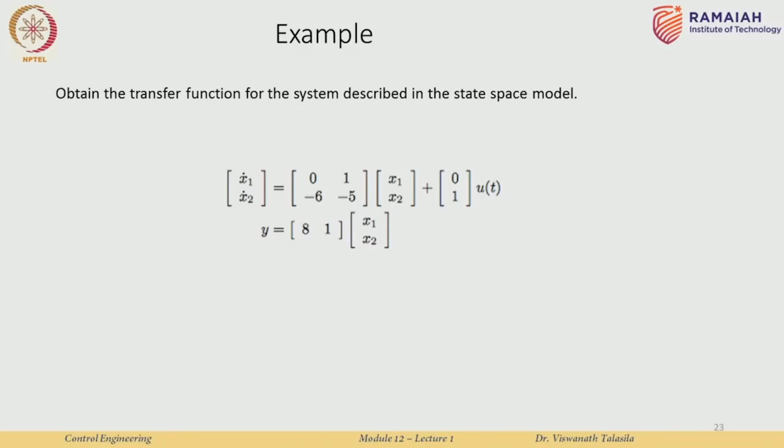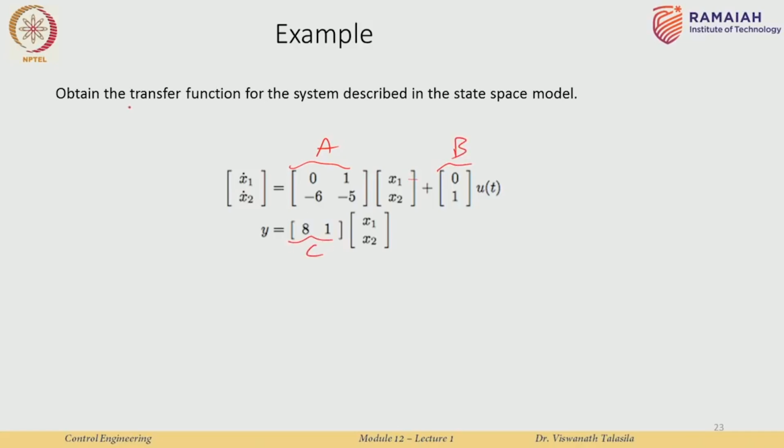Okay, so let us actually solve a very simple problem. I will not go through all the details, they are there in the slide. So, we have x dot equal to Ax plus Bu and then y equal to Cx. This is the A matrix, this is the B matrix, and this is the C matrix.